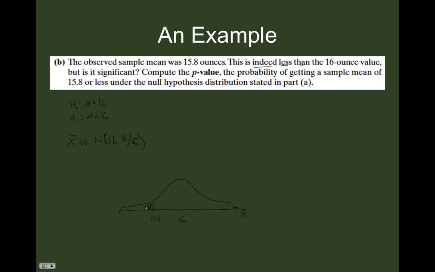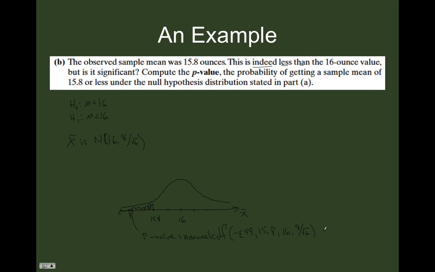So the area we're looking for is the area in this left tail, and that area corresponds to the p-value. So to calculate the p-value here, I need to find the area in the left tail. It's a normal CDF problem. Lower limit negative E99, upper limit 15.8, mean is 16, standard deviation is 8 divided by the square root of 6.